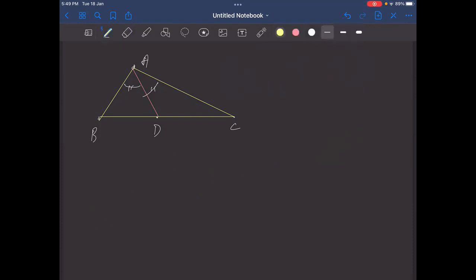In such questions we always take A as the origin. These are the two vectors. What will be the equation of line AD? It's passing through A, which is the origin, so lambda times B cap plus C cap. Is it?